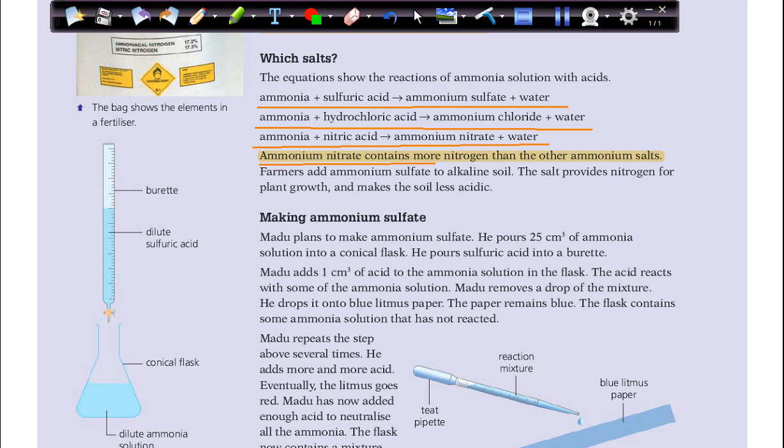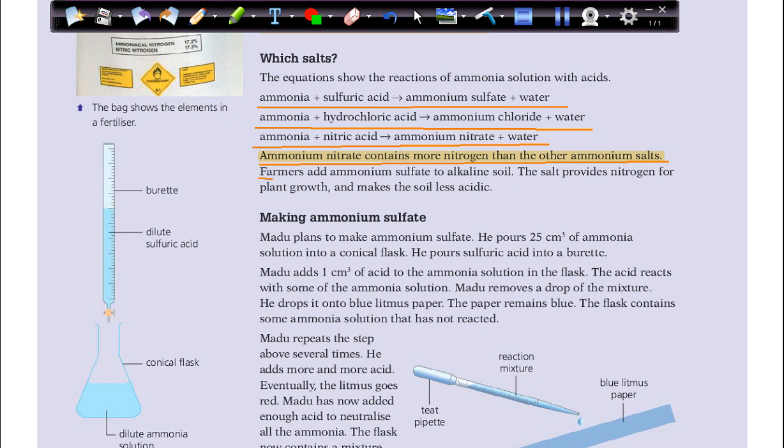Ammonium nitrate contains more nitrogen than the other ammonium salts, giving the best nitrogen percentage, because nitrogen is essential for plants. So we react ammonia plus nitric acid to get ammonium nitrate, because this is the best salt, containing more nitrogen than other ammonium salts.